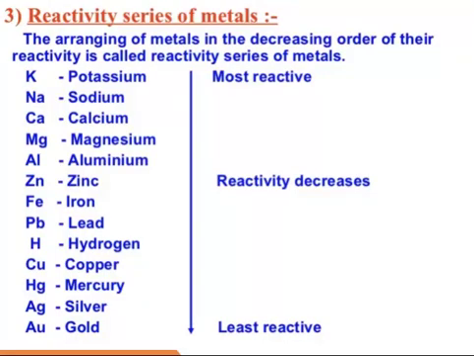This implies that a metal placed higher up in the series is more reactive than a metal placed lower down. Potassium and sodium are the most reactive elements and are placed at the top of the series, and metals like silver, gold and platinum are considered the least reactive as they are placed at the end of the series.